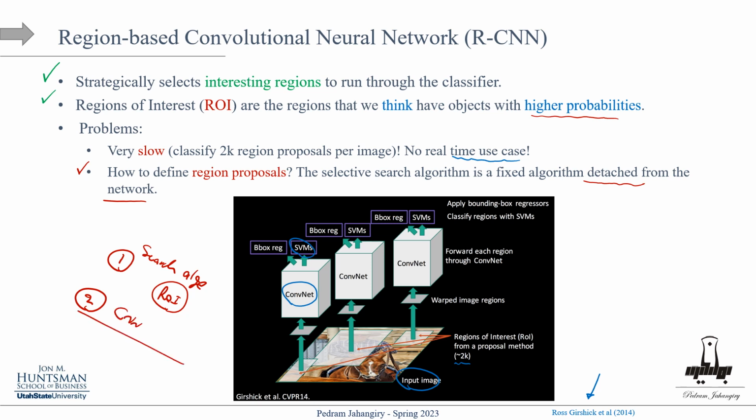These two processes are completely detached. Ideally, if we can combine these two things together and train the network just once, that would be a lot more efficient, and of course the ROIs would be learned during training. This is exactly what the augmented versions of the RCNNs are going to do for us.